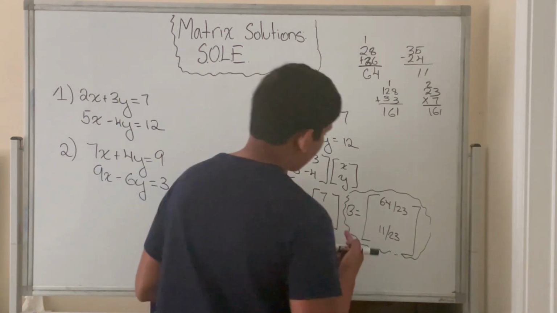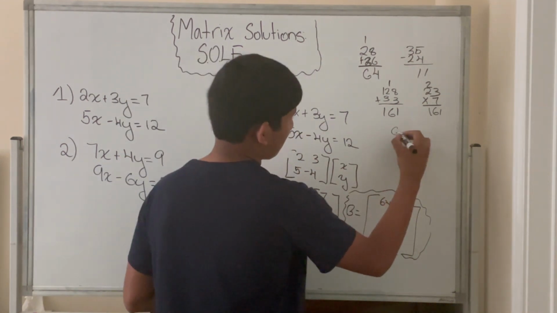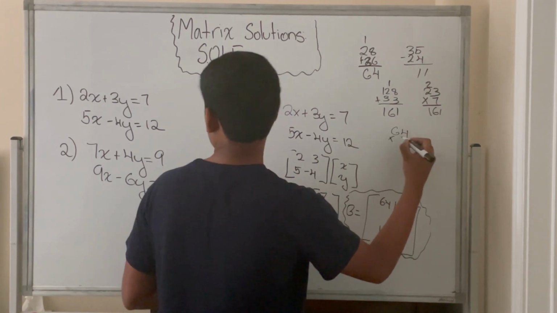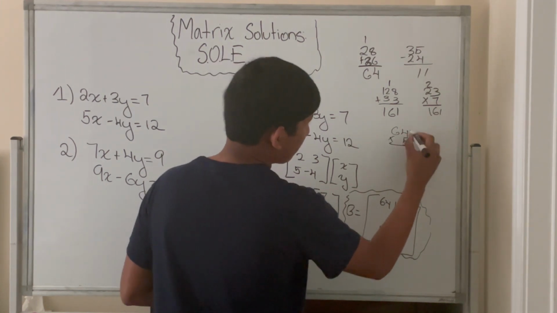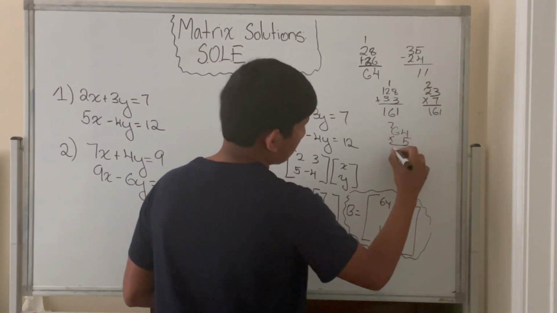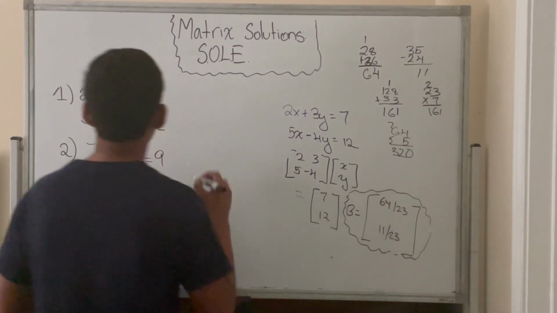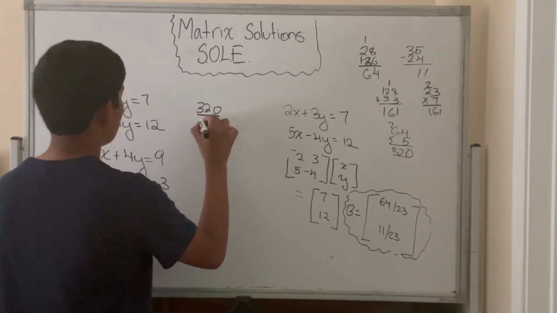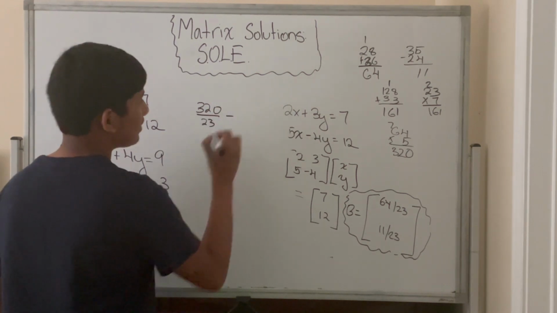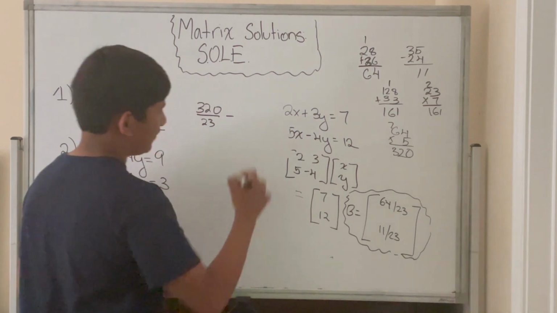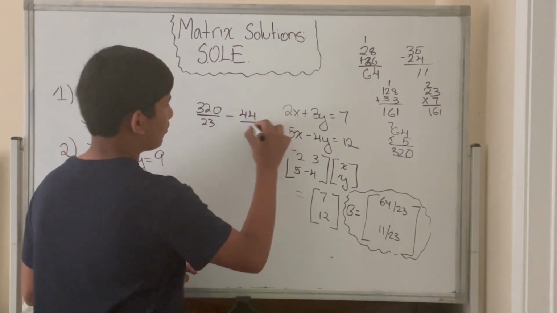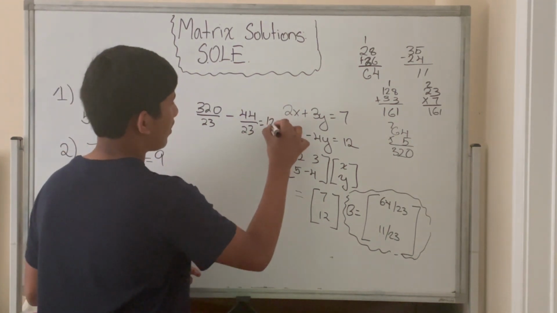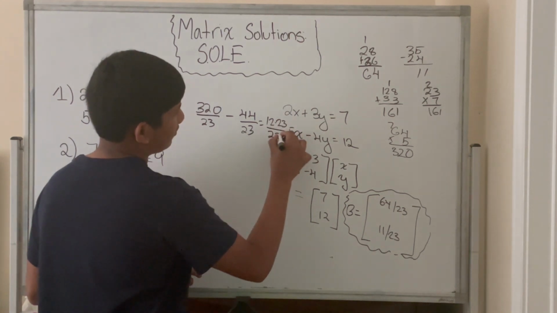Well, we have to multiply 64 times 5. 4 times 5 is 20, 6 times 5 is 30, so 320. So we have 320 over 23 minus 4 times 11, which is just 44 over 23, is equivalent to 12 times 23 over 23.